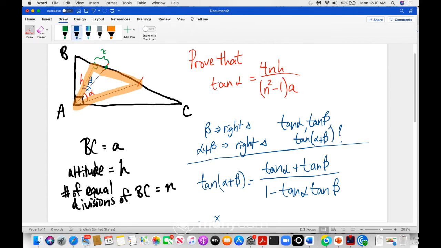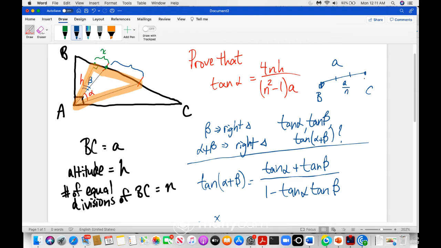Okay, well the first step is going to be to figure out what one of these little segments is. That's actually going to be very useful for the next part. So let's go ahead and do that. Let's think about it for a second. If the whole length is A, so if I have segment BC, which looks like this, and I know that the whole thing measures A, and I splice it up into n pieces, that means that each of these pieces has to be A divided by n.